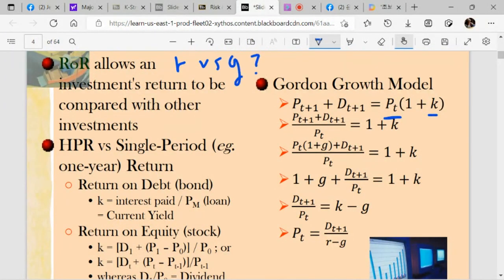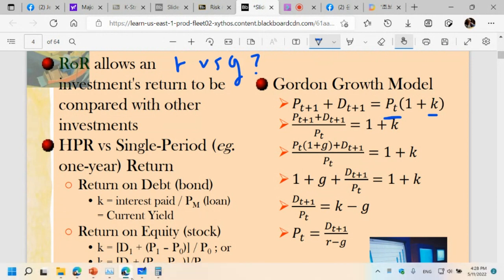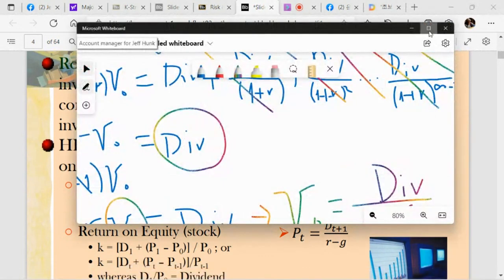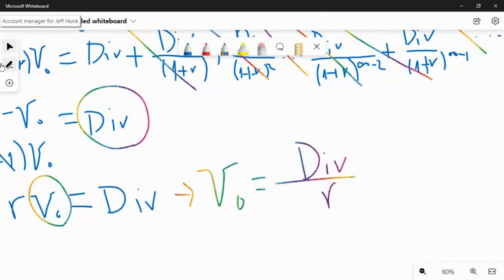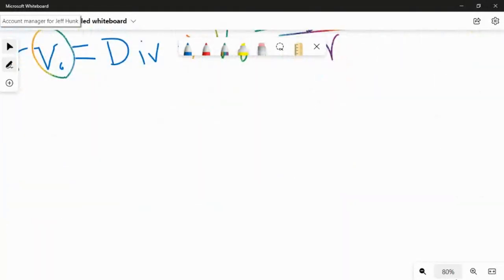This is the difference. We've been talking about this from the first topic. What was our first topic? Our first topic was ROI. Remember?